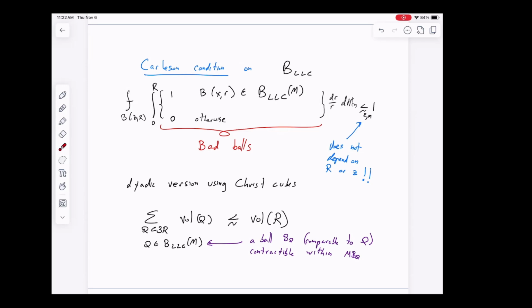So if you have a cube R and you look at all of the cubes that are either inside it or inside its triple, and you look at all the bad ones, then their volume is controlled by the volume of R. Really all I did is rewrite this in a dyadic way. Any questions?